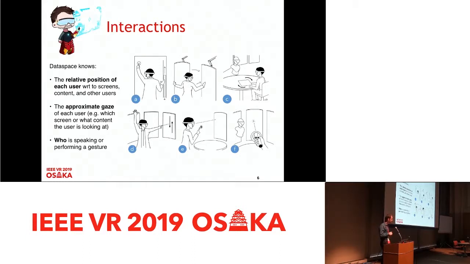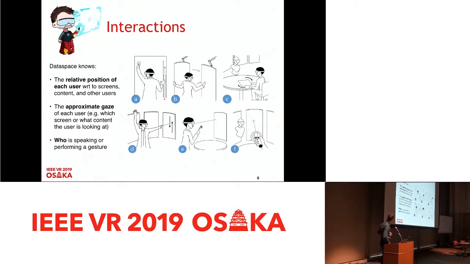Similarly, I could say, I'm working on this part of the dataspace, and I'm doing something here, send it to my friend that's working on the other side of the space, and then we can either decide whether to move the physical screen or to actually shift the content from here to the screen next to my colleague.